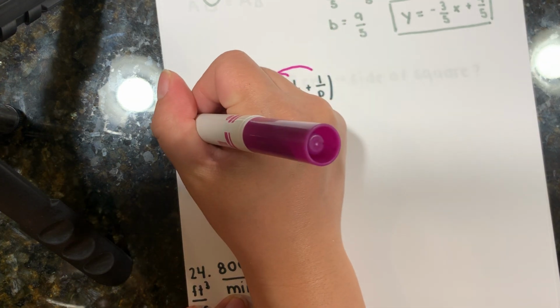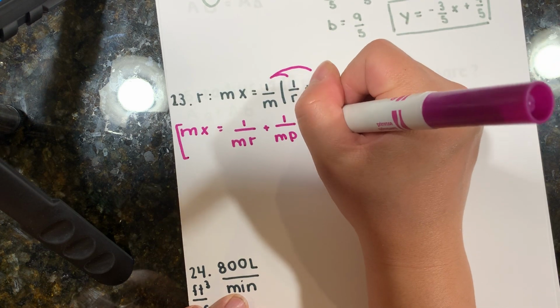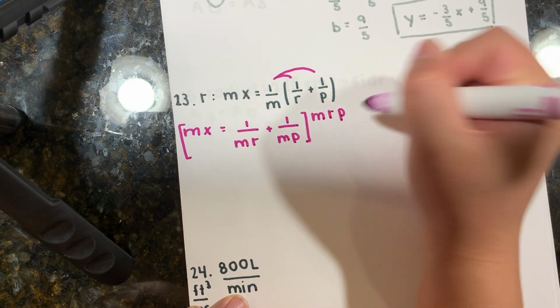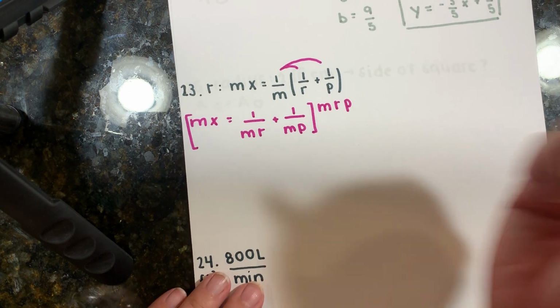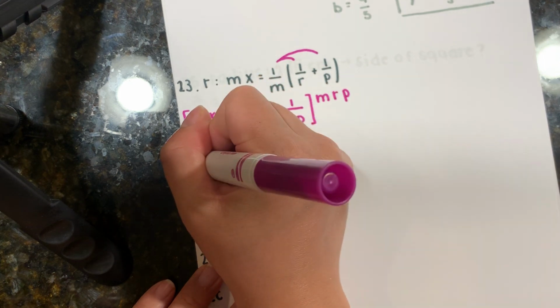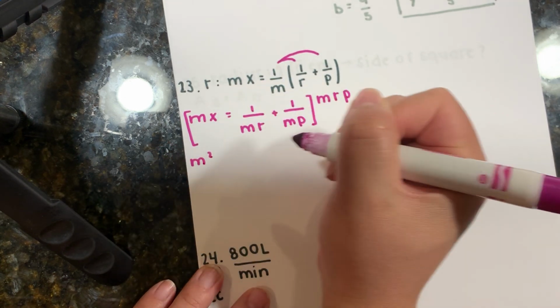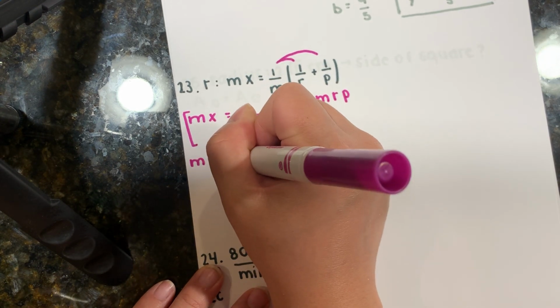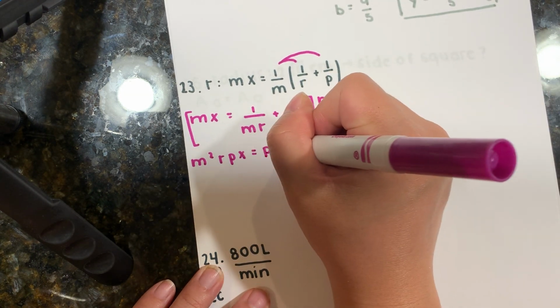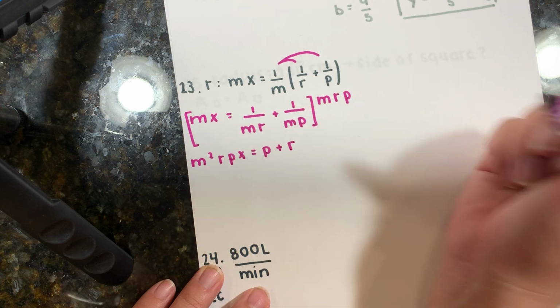And I'm going to multiply this whole thing by the common denominator mrp. So when I do that, I'm going to distribute it. So it would become m squared rpx equals p plus r.